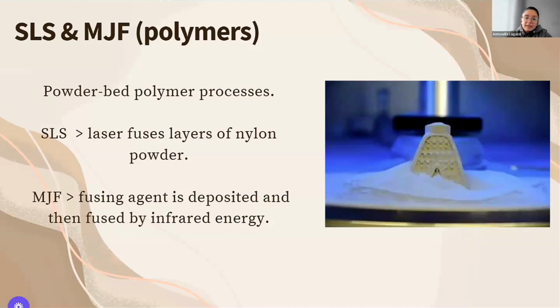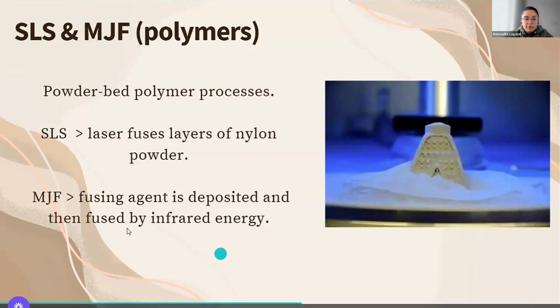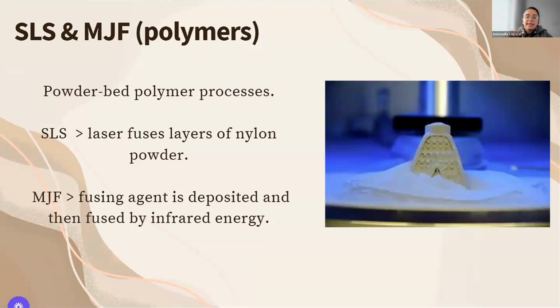In SLS, a laser fuses layers of nylon powder. We have a specific material here, which is nylon or polyamide. And in MJF, a fusing agent is deposited and then fused by infrared energy.